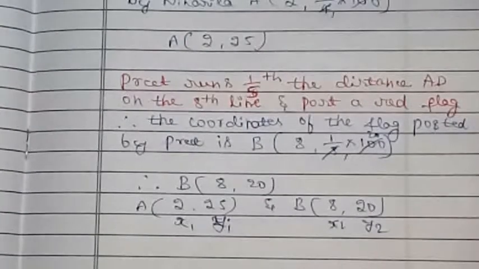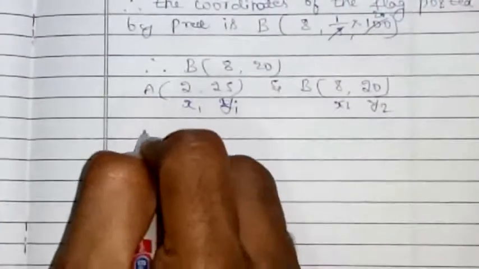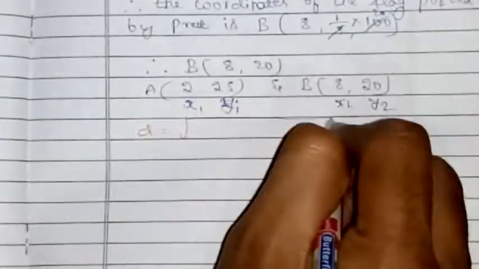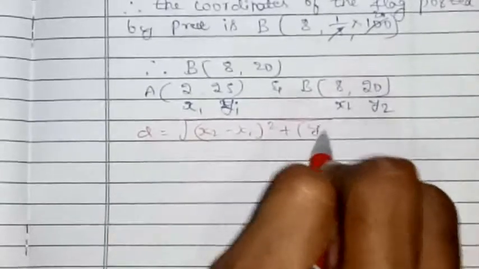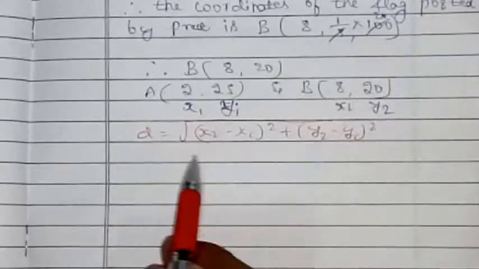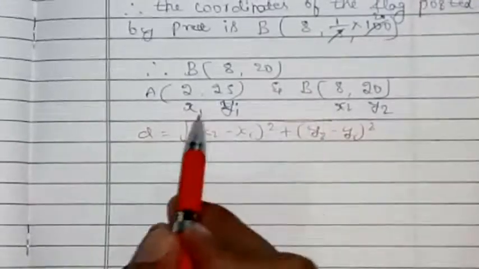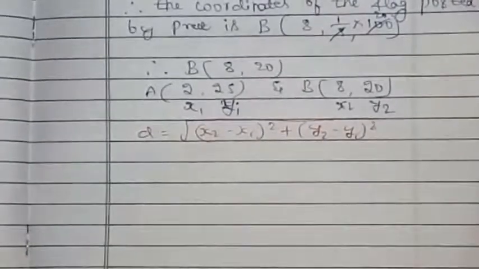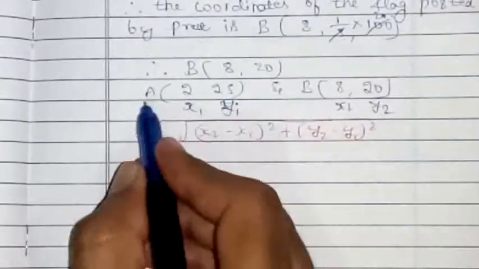Now I think you know the distance formula, children, right? The distance formula says d equals square root of x2 minus x1 whole square plus y2 minus y1 whole square. Now you have the values, you know the formula, just apply the values in the formula, right students? Now you are able to find the distance between these 2 flags.